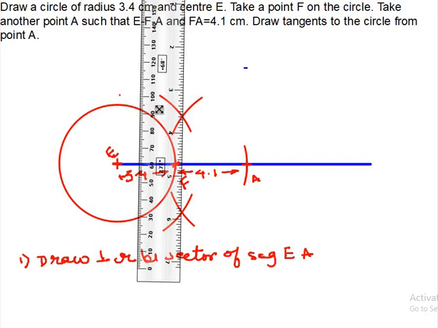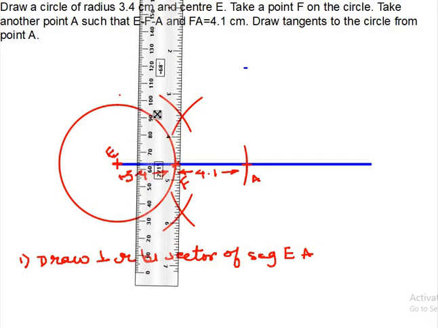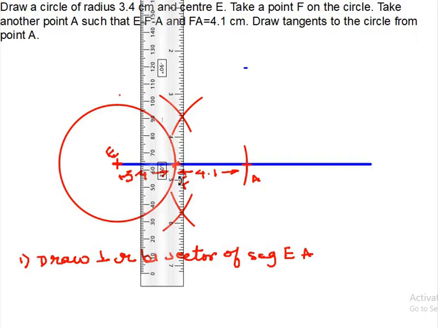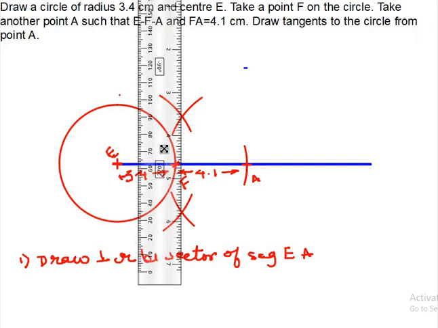So I will try to adjust this. Here we are. Now draw a line which will pass through these two arcs.